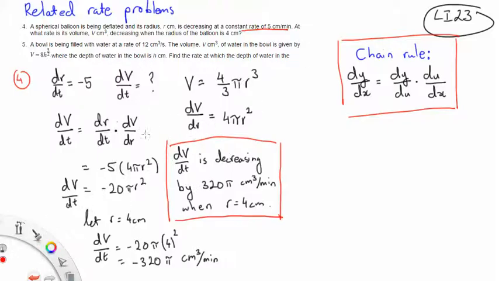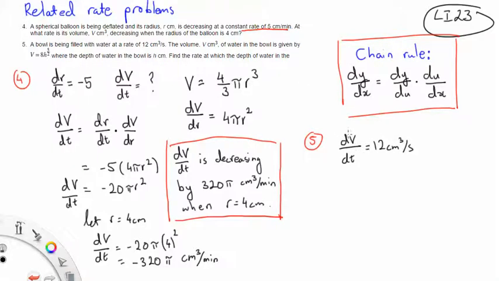Not much difficult computation there, but it's a new concept, so let's do another example. We have a bowl that's being filled with water at a rate of 12 centimeters cubed per second. Well, that means dV, change in volume with respect to time, is 12 centimeters cubed per second.